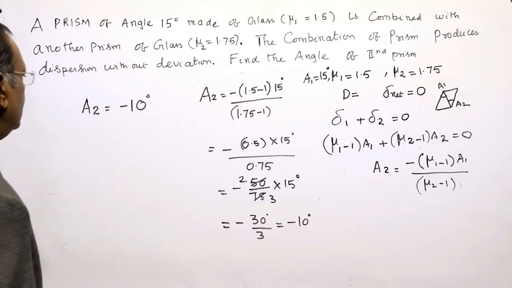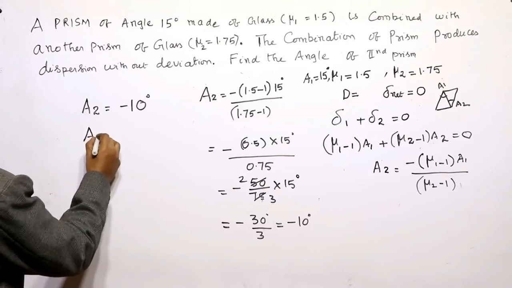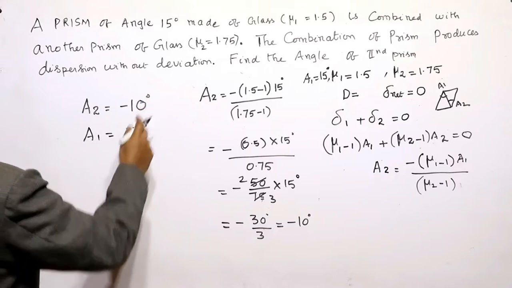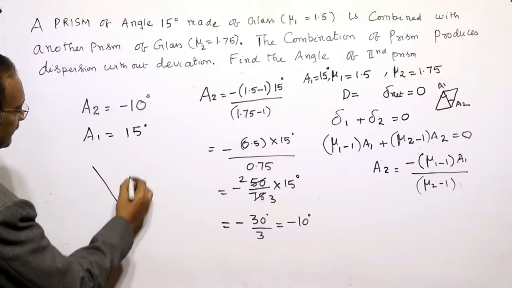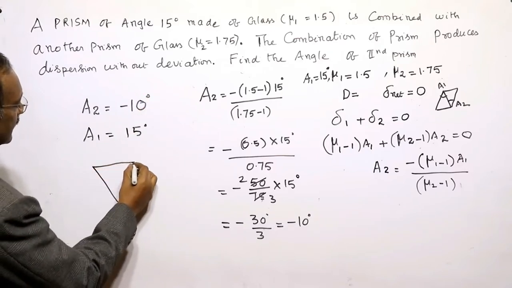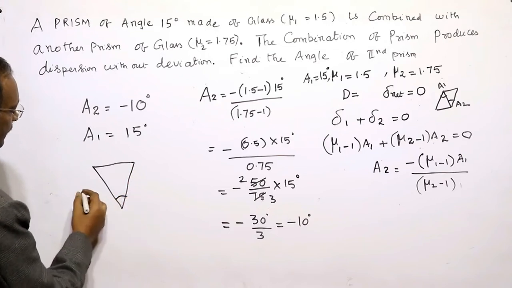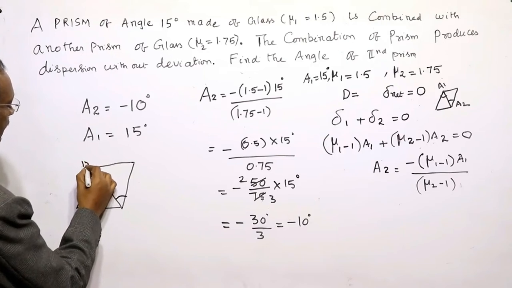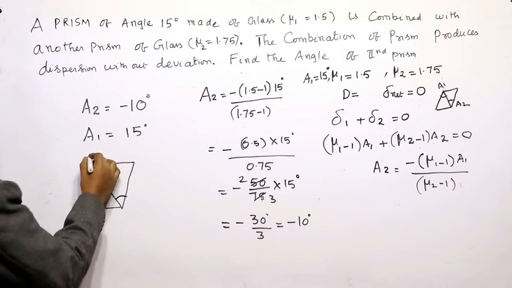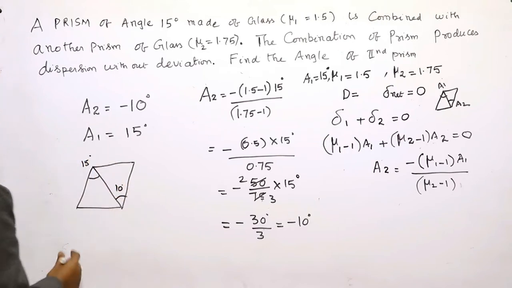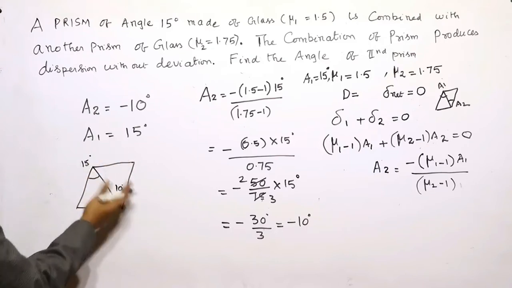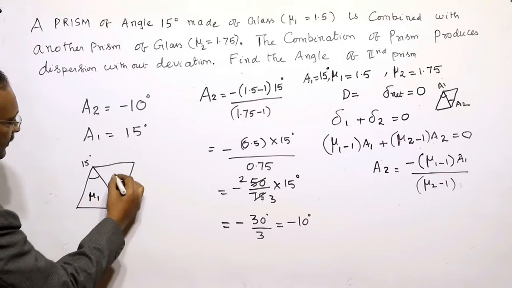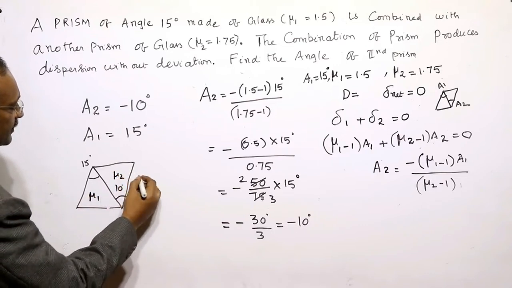Minus 10 degrees means what? The angle of the first prism is 15 degrees, and the second one is minus, meaning it should be 10 degrees and kept oppositely, with its angle downwards and its refractive index being mu2.